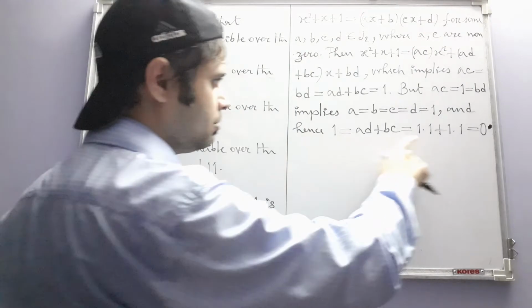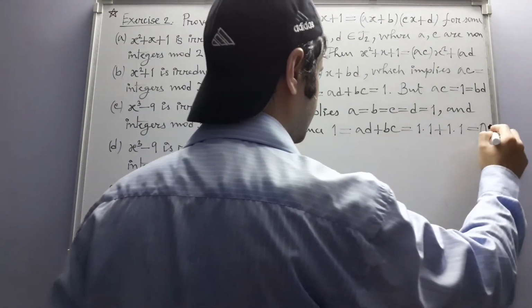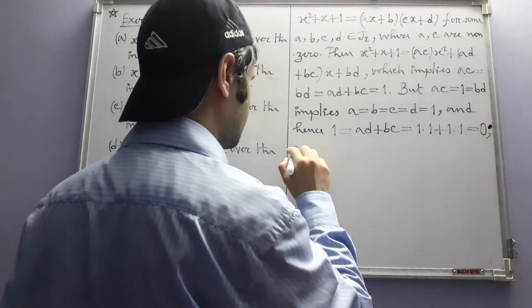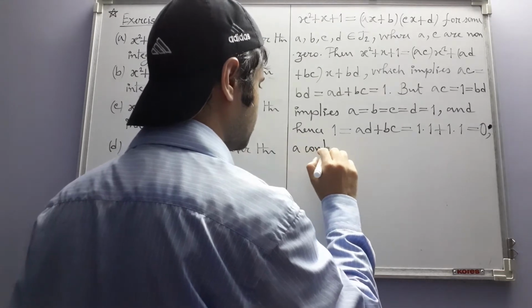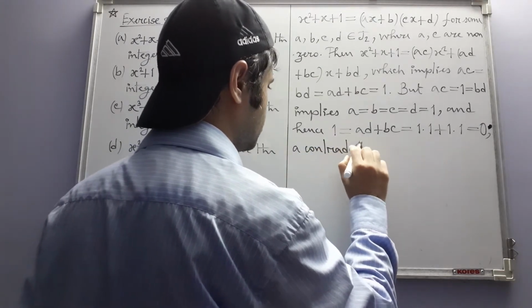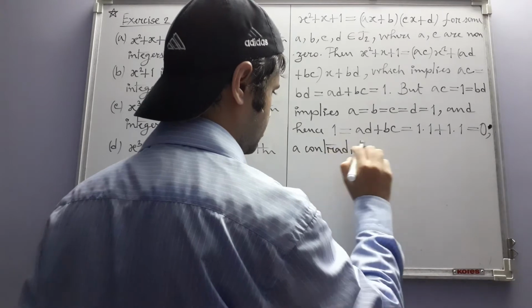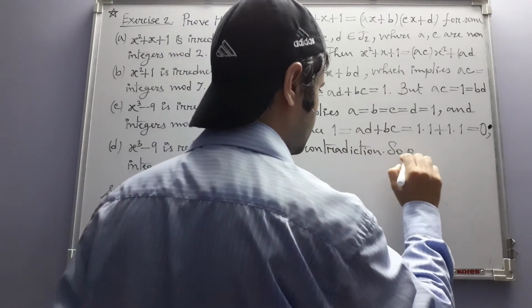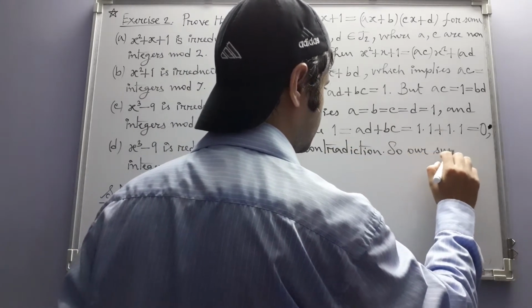Again we have got 1 equal to 0, a contradiction. So our supposition is wrong.